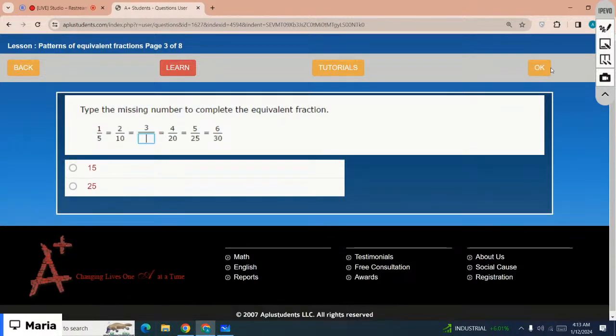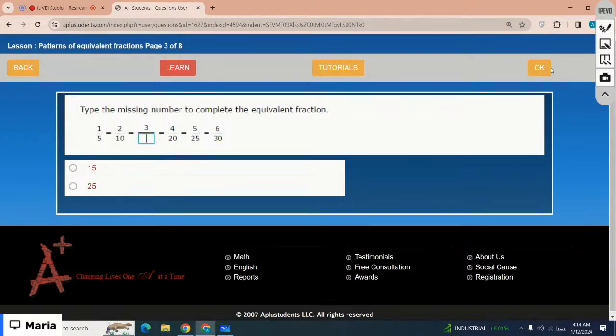Okay, the next one is type the missing number to complete the equivalent fraction. So which number is missing? Yes, very good. That would be 15.